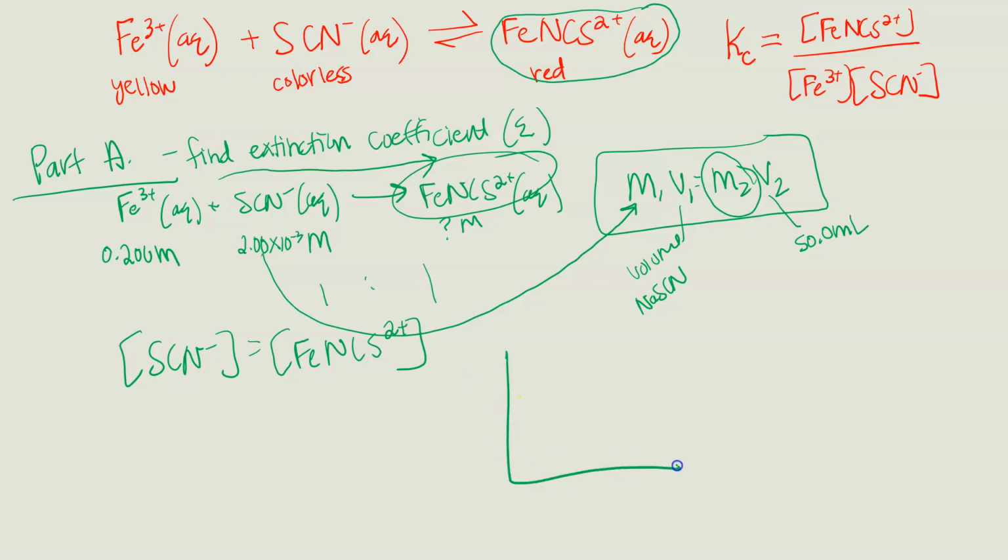And then again, the purpose of part A is to solve for the extinction coefficient, which is the slope of the graph, where we're going to put the concentration of the product, because that's what the instrument actually measures, on the x-axis in molarity, and the absorbance on the y-axis. Excel is going to give us a beautiful straight line, and the slope is the extinction coefficient.